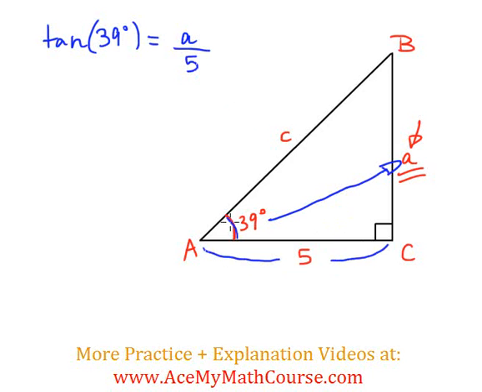Remember that the adjacent side is the little side directly beside the angle. And that's the little one. The big one is the hypotenuse, of course, opposite to 90 degrees.